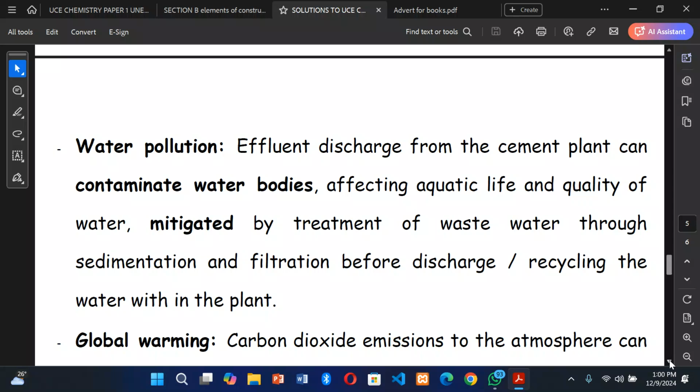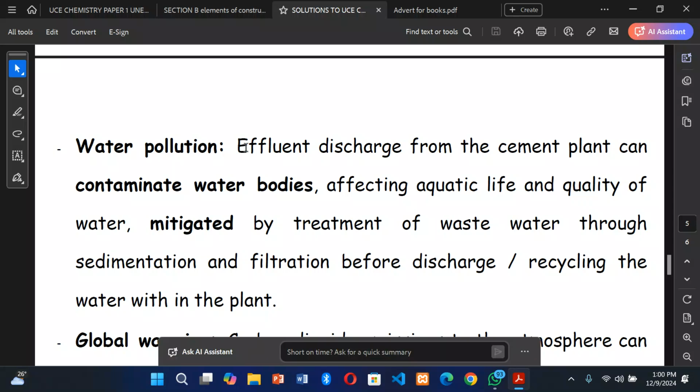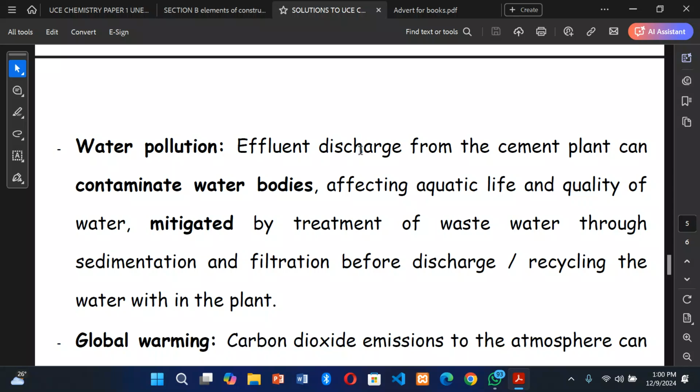Now this one has talked about water pollution. You explain how the water pollution can come about, and then you tell us how you can mitigate it. So water pollution: effluent discharge from the cement plant can contaminate water bodies. A mark. So the first mark was the side effect, water pollution, explaining how it comes about.